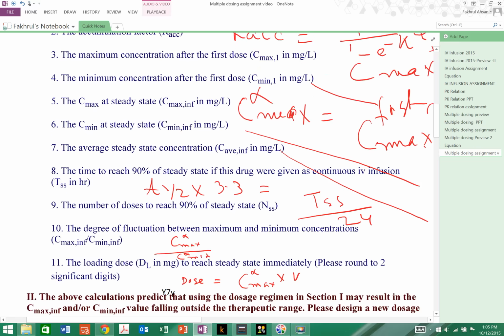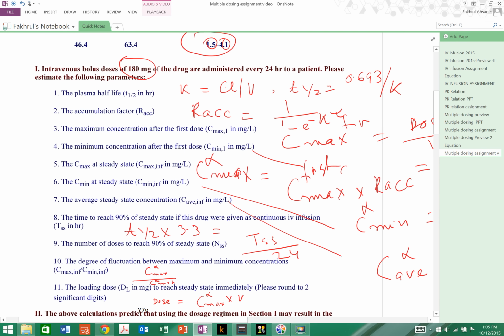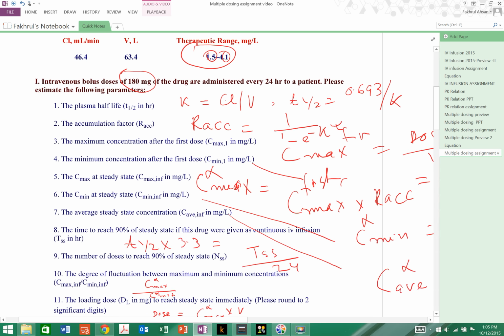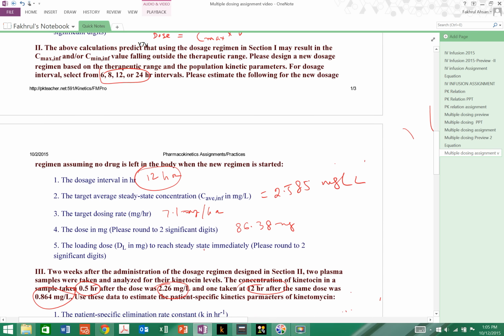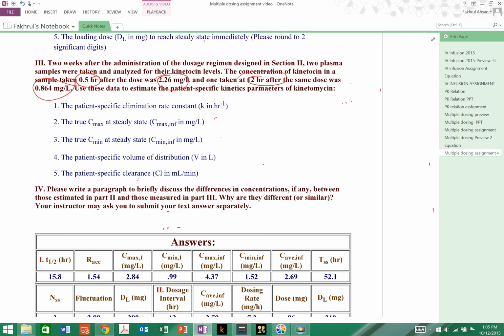So if you go back to the first part, you calculate Cmax and Cmin based on the population parameters, and then this set of equations is where you calculate the dosing regimen: you find the dosing interval, the target dose, and the loading dose. And then you also have to calculate some patient specific information.